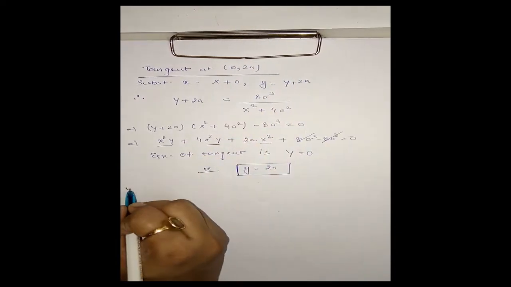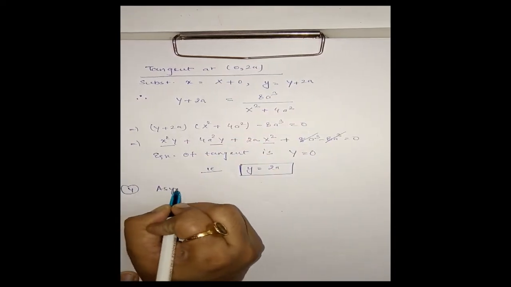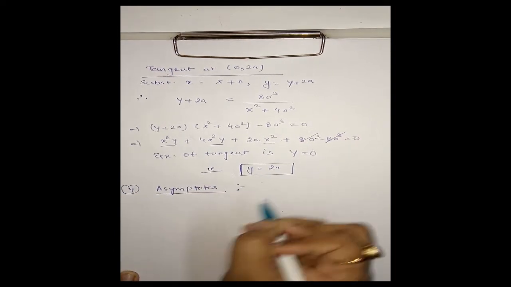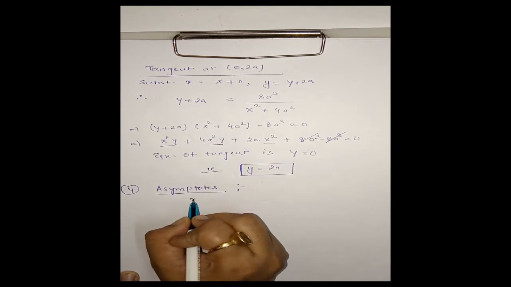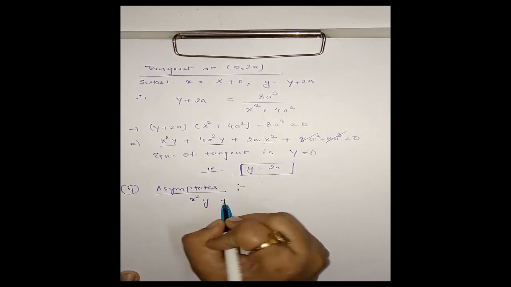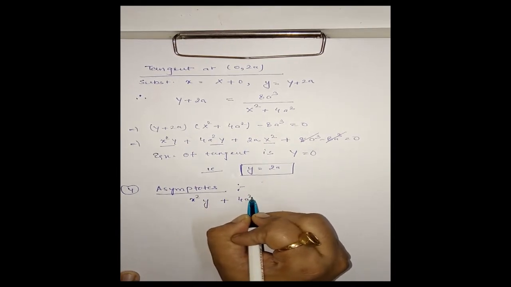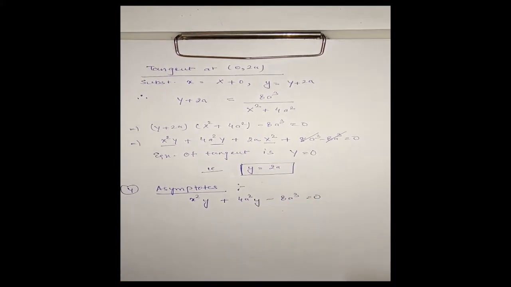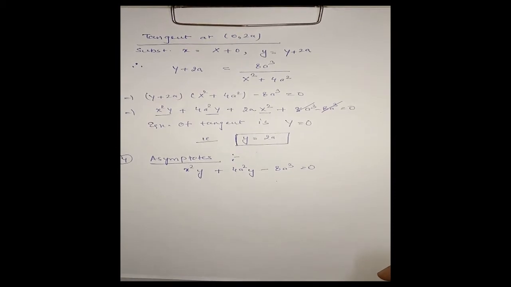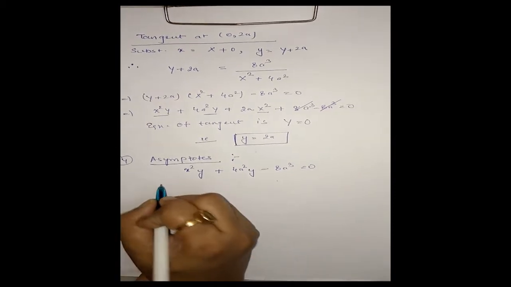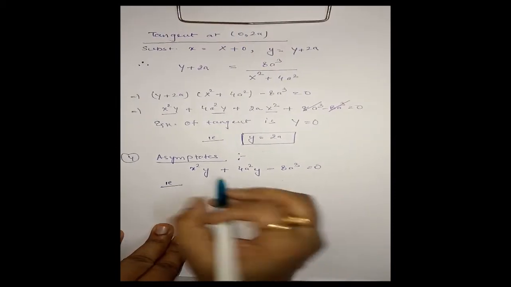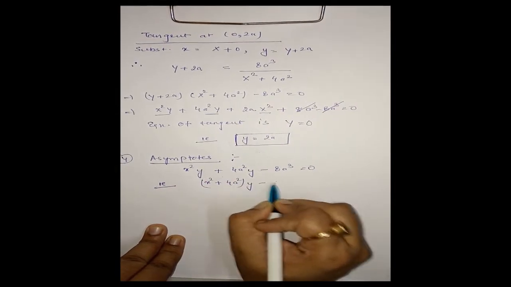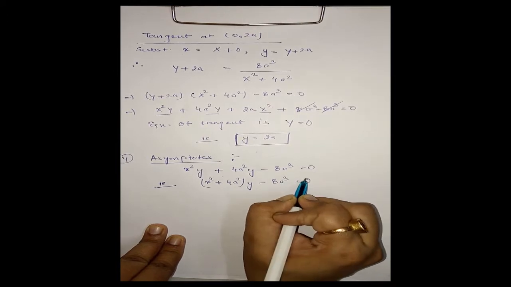Next step, we have to find asymptotes. The given curve can be written as x square y plus 4a square y minus 8a cube is equal to 0, that is (x square plus 4a square) y minus 8a cube is equal to 0.